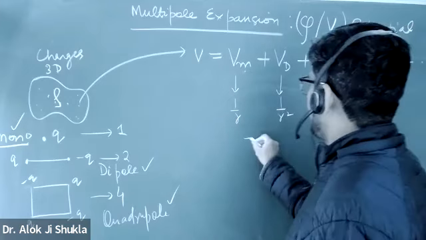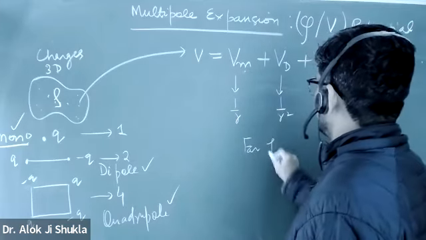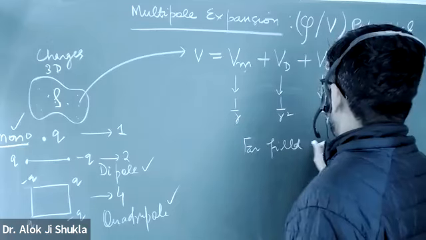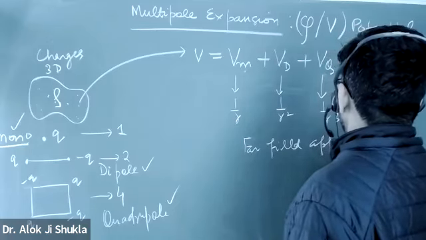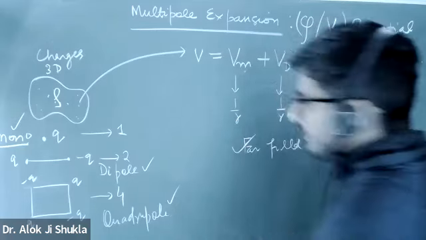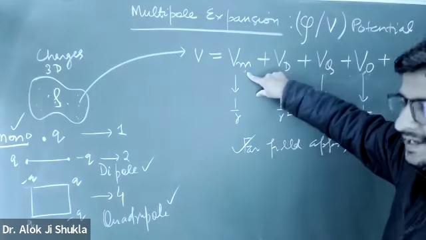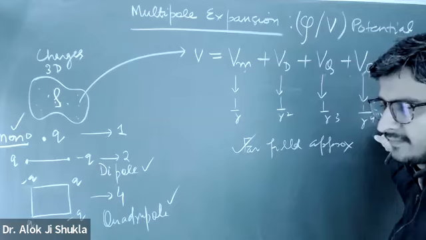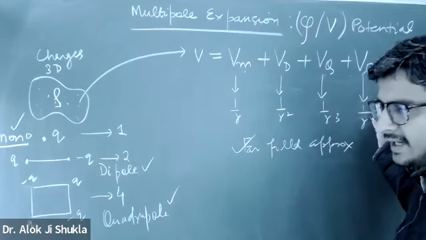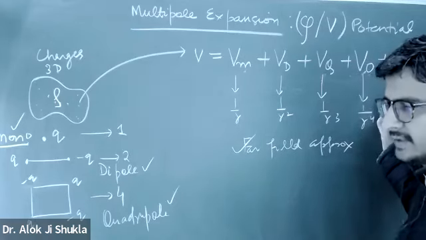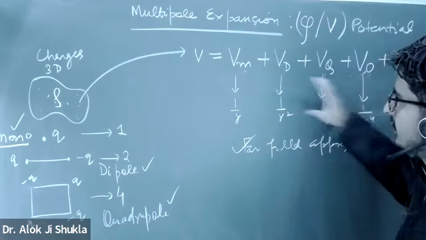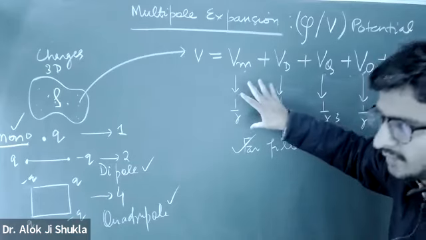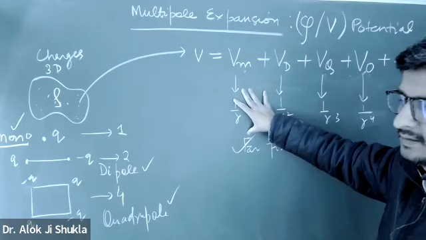So there is something called far field approximation. So if this term is alive, this will dominate, because see, these terms are smaller when seen at large r. Yes or no?